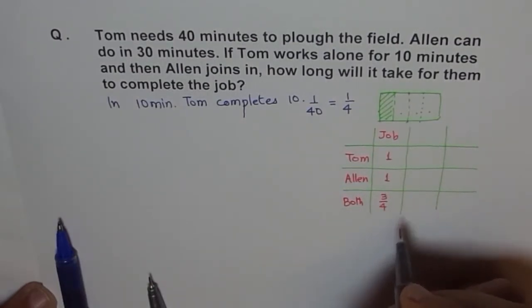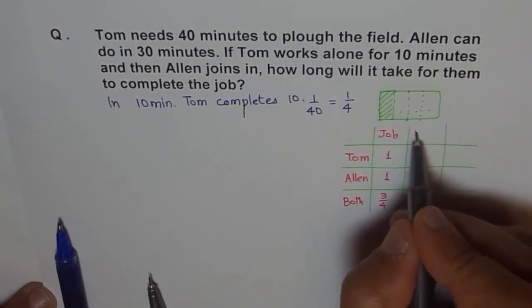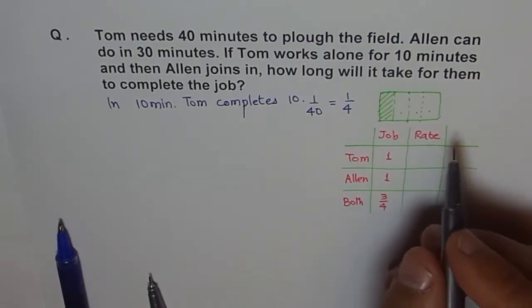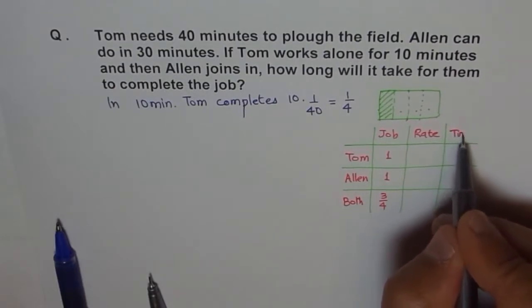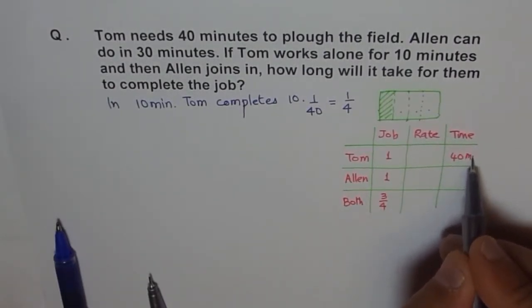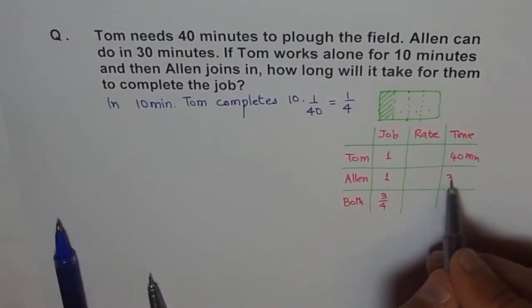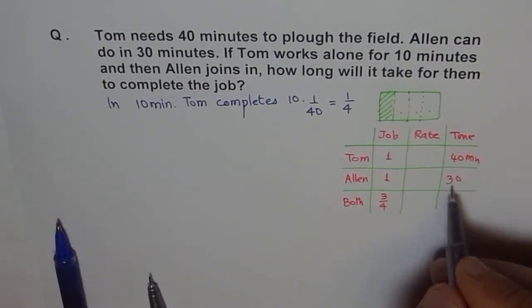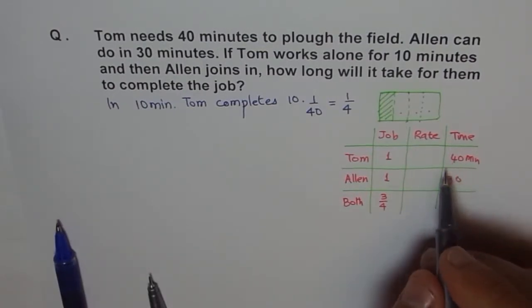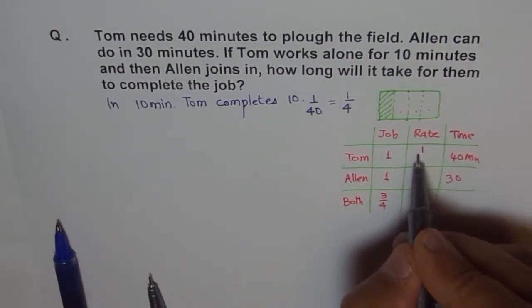Is that okay? Now, second thing, at what rate do they work? Rate is 1/40, because see, how much time do they take? It takes 40 minutes and 30 minutes. It takes 40 minutes means longer, right? So the rate is slower. The rate is 1/40.